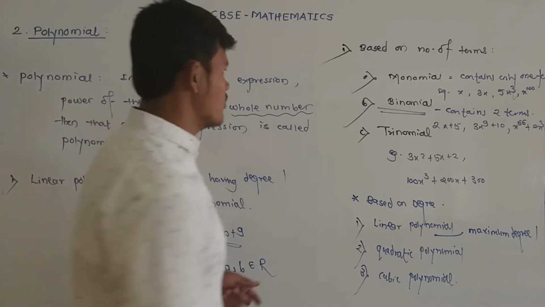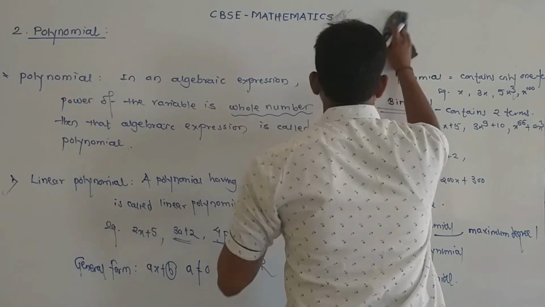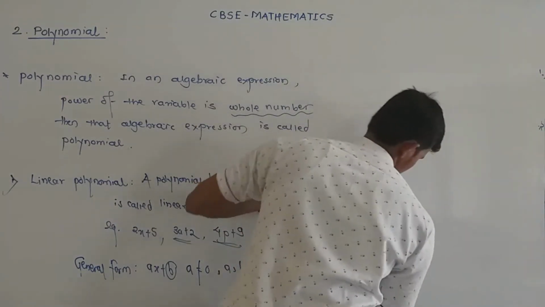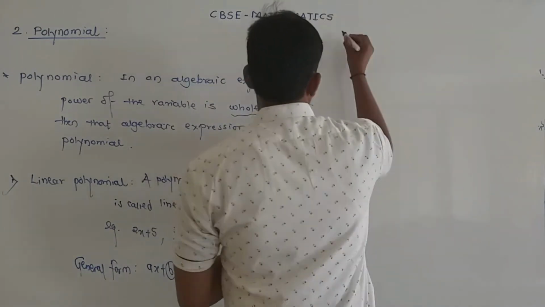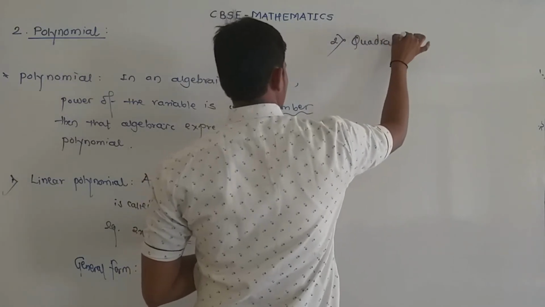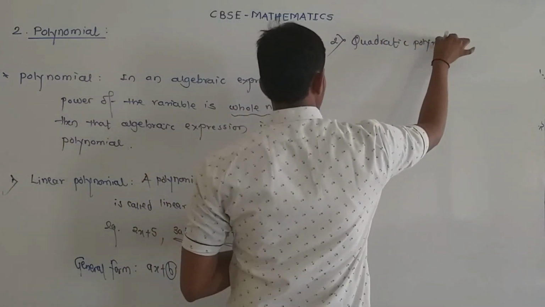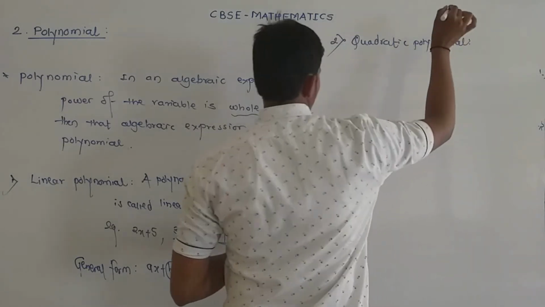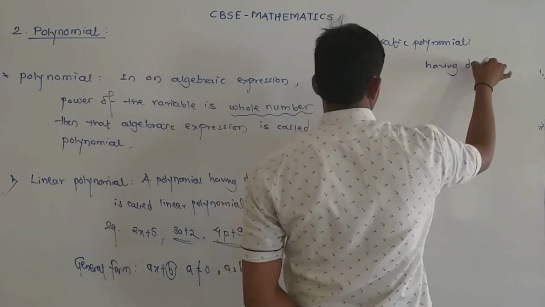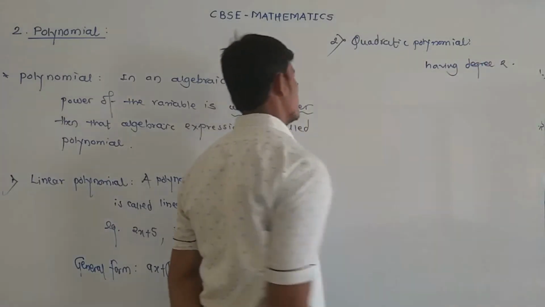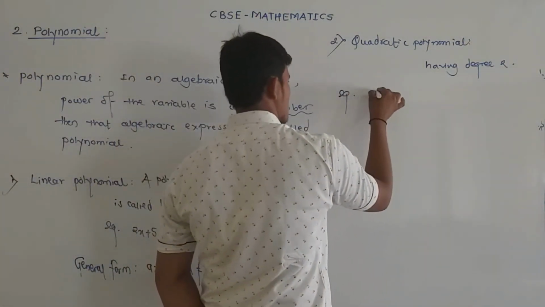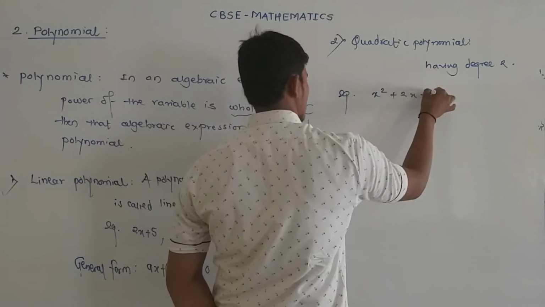Now quadratic polynomial. Quadratic polynomial means a polynomial having degree 2. For example, x square plus 2x plus 5.